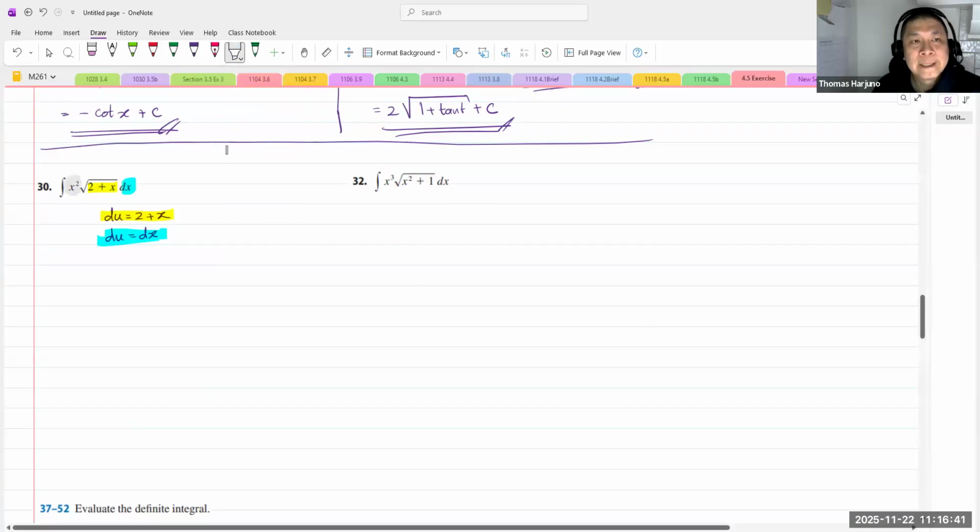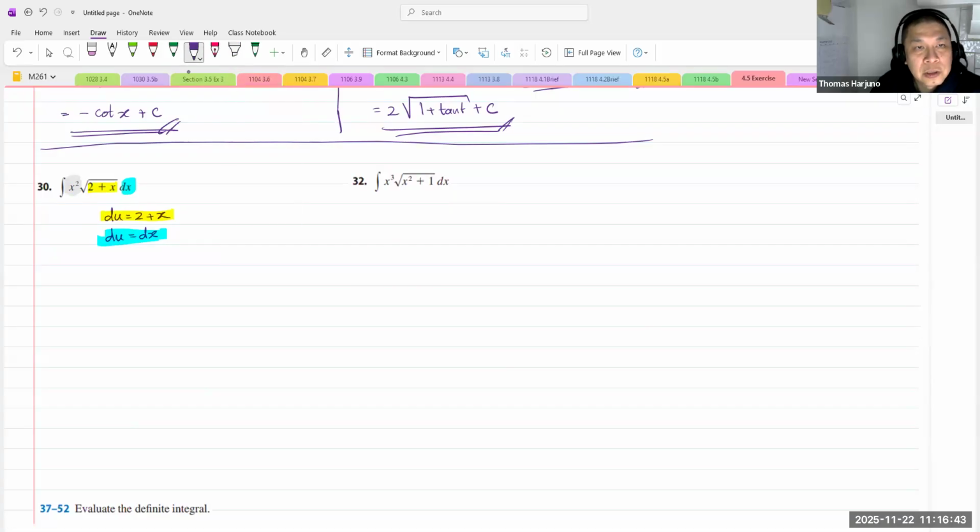Seems like we need to do some modification. I'm sorry, this should be u, not du. So I rewrite u equals 2 plus x as x equals u minus 2. That's the x that I use to substitute. I'm sorry, I wrote it wrong: u minus 2, squared.